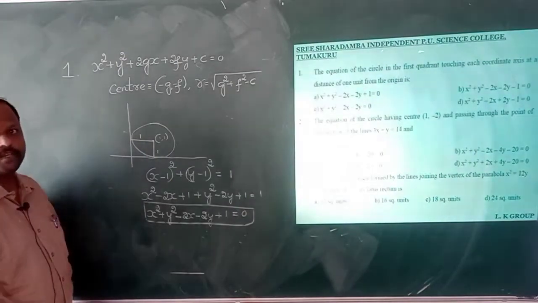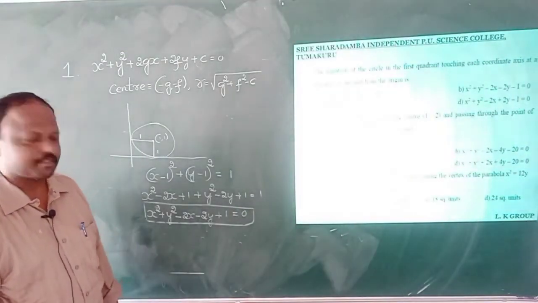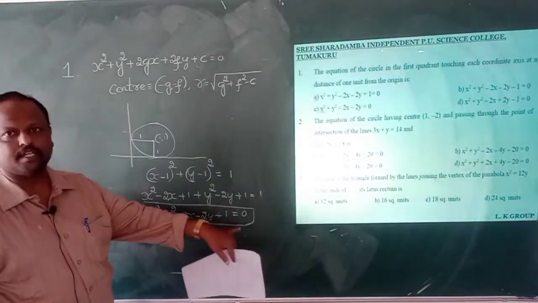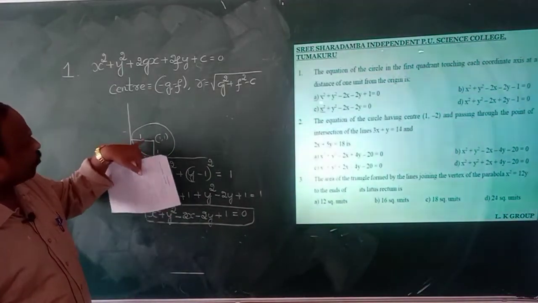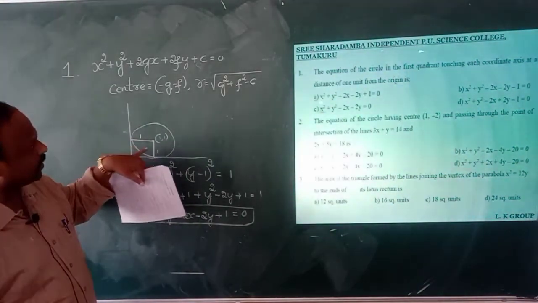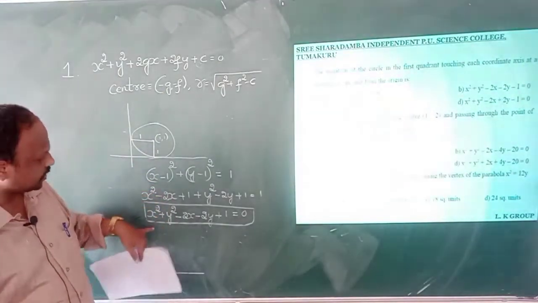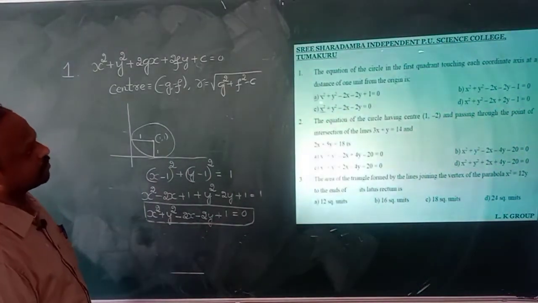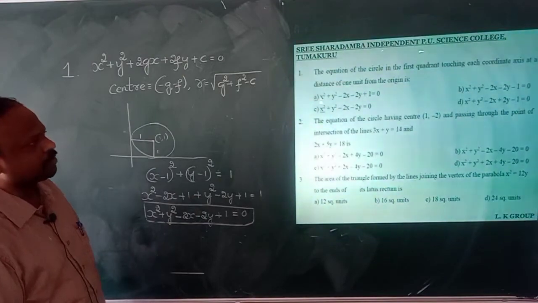So the required equation of circle is x square plus y square minus 2x minus 2y plus 1 is equal to 0. Here the center is 1, 1 and the circle touches both axes at unit distance. So therefore option A is the answer: x square plus y square minus 2x minus 2y plus 1 is equal to 0.